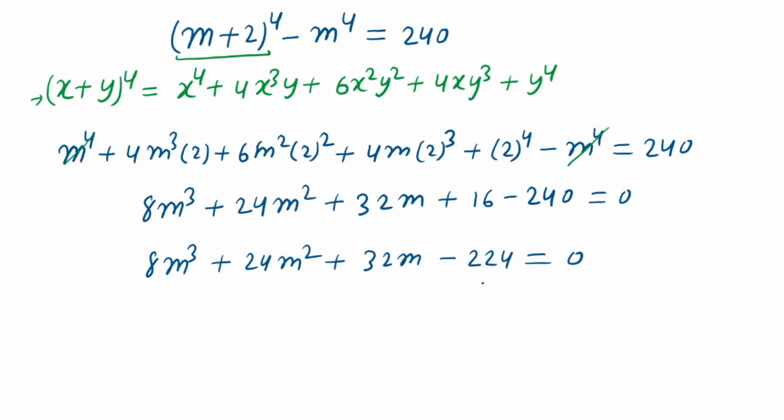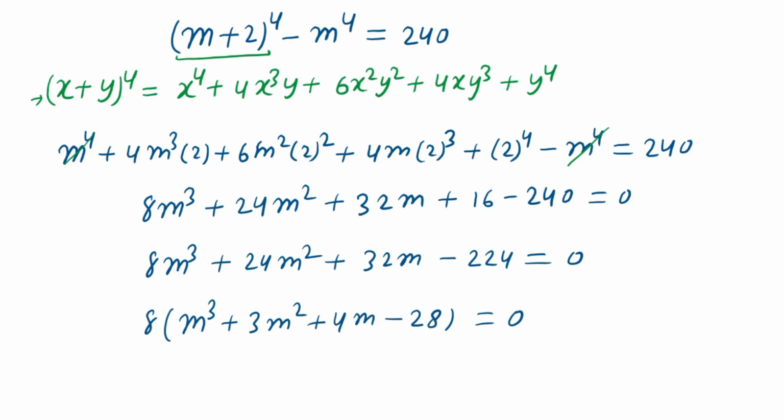Look carefully. In the left hand side, if we take 8 common, then 8m^3 divided by 8 is m^3, 24m^2 divided by 8 is 3m^2, 32m divided by 8 is 4m, and minus 224 divided by 8 is minus 28, equals 0.